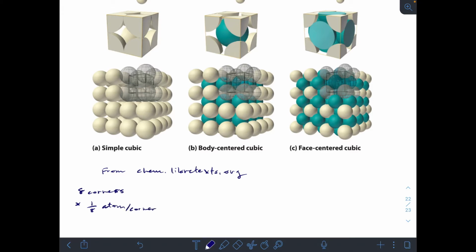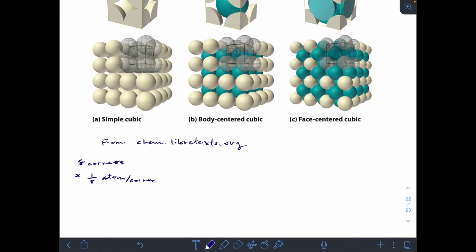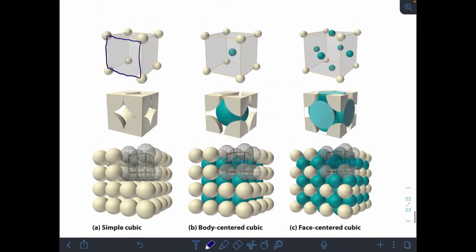Right, so total in the simple cubic, we have 1 atom per cell. Okay, so if we look at our three-dimensional drawing here, we have 8 corners, and each corner has 1/8 of an atom. So we get a total of 1 full atom in a unit cell.